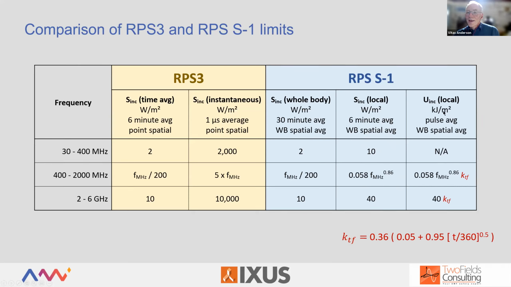So that's something to think about. Now, the third one here, the incident energy density limits, they're complicated. I was going to talk about them today, but I thought perhaps better to leave that to a later talk, because that's really a whole topic in itself. I don't think it's going to have an impact.